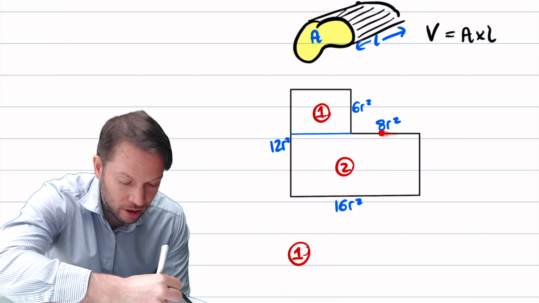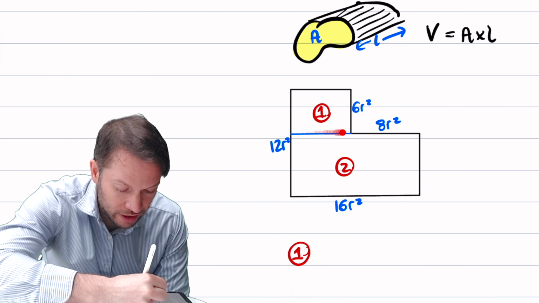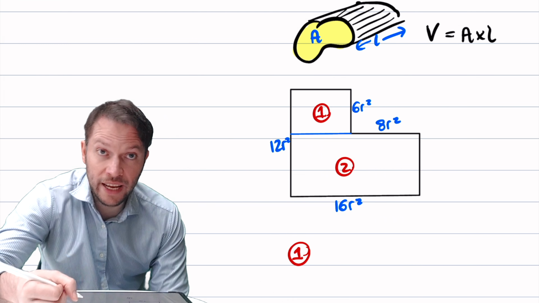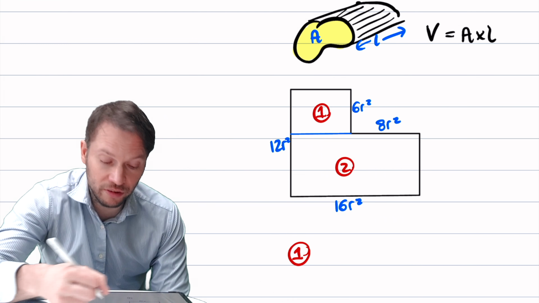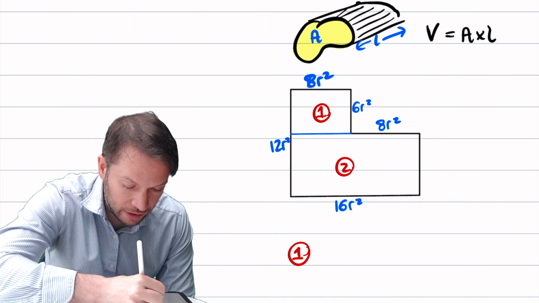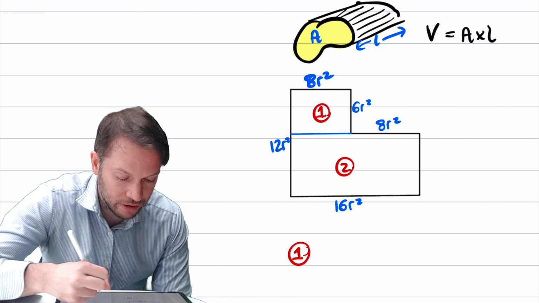So 8r squared plus what is 16r squared? Well, 8r squared plus 8r squared is 16r squared. So this top length here is going to be 8r squared, so that these two add up to the 16 lots of r squared.